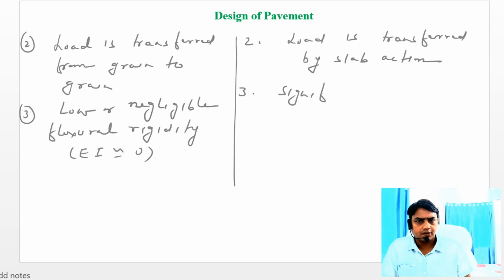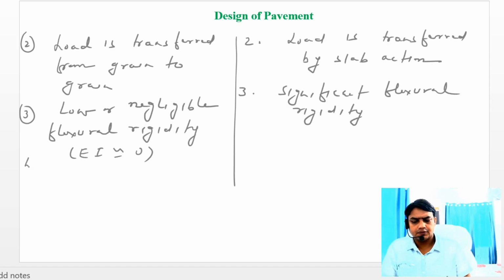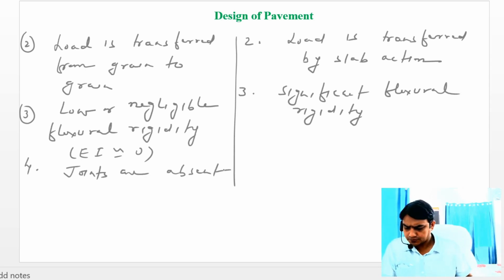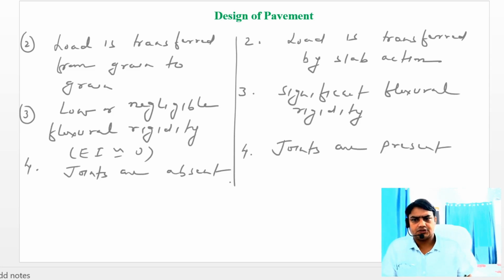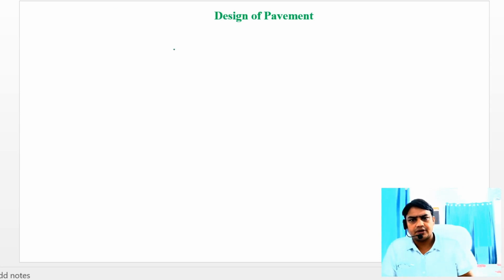Rigid pavement has significant flexural rigidity. The fourth difference is that joints are absent in flexible pavement. Joints are present in rigid pavement. What is another difference between flexible and rigid pavement?